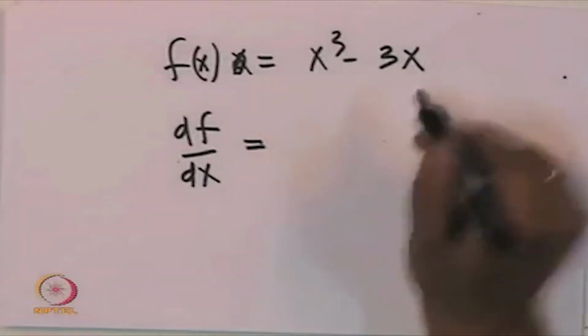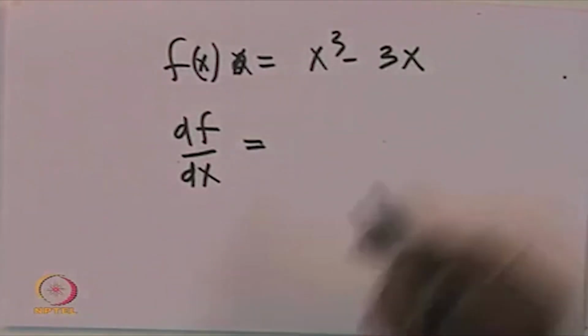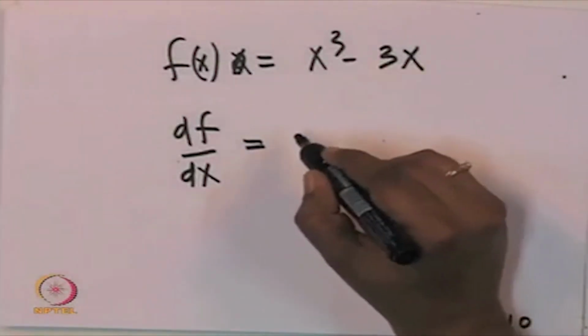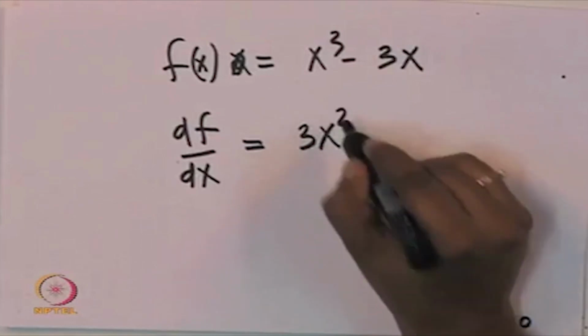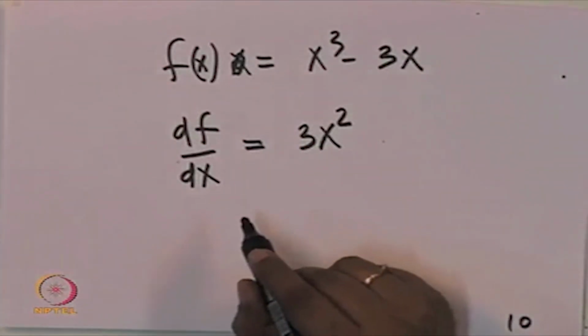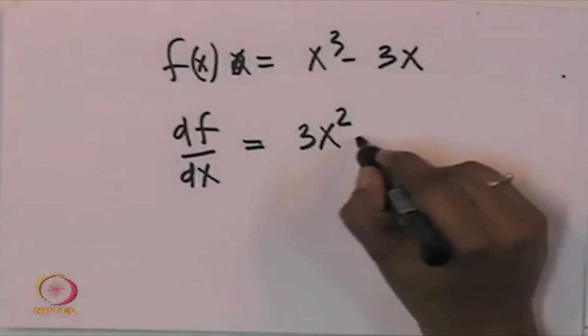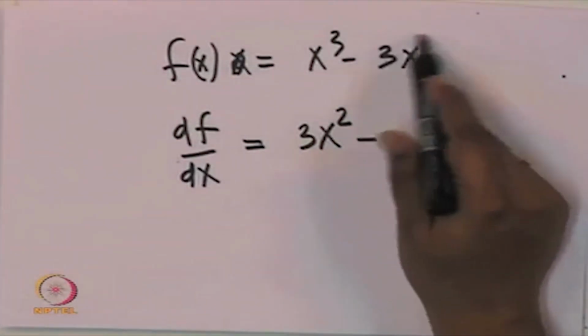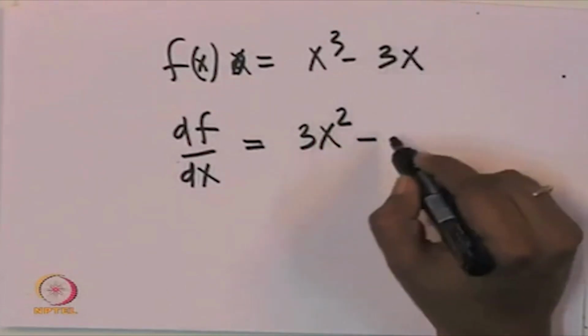The derivative of x cube is 3x square. This is what we learned: x power n has derivative n x power n minus 1, minus the derivative of 3x, which is 3.